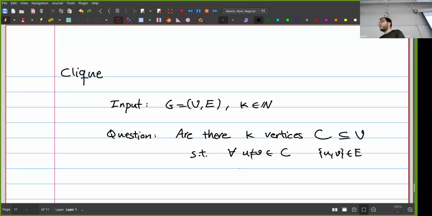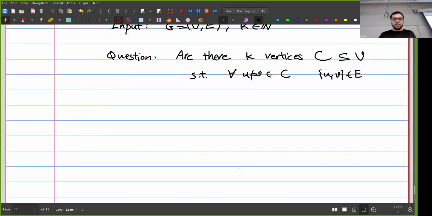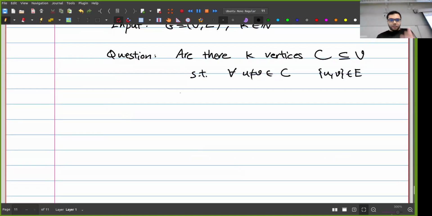Sorry for the bad notation. Okay, so whenever I take two vertices out of this set, I want to make sure that there is an edge between them. So for example, a triangle is a clique of size 3, right? So basically, if my k was 3, I would ask, does my graph have a triangle? If my k was 4, I would ask, does my graph have this as a subgraph? So 4 vertices that are pairwise connected to each other.